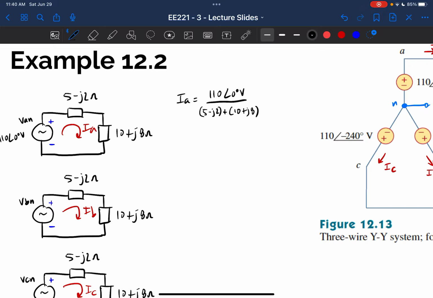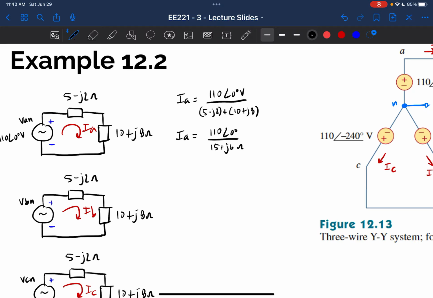Those are in series. So that's going to come out to 110 angle 0 divided by 15 plus j6 ohms. We can always convert 15 plus j6 into a phasor.